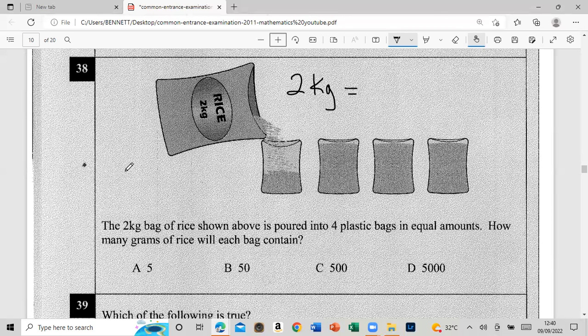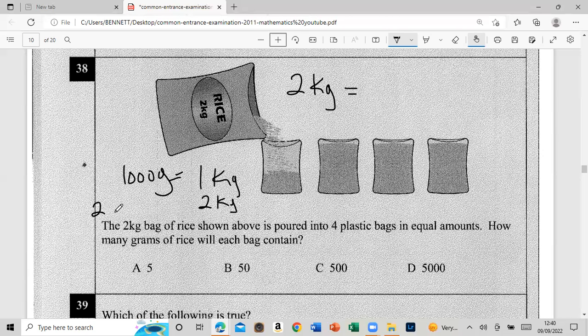But let's reason it out. We know that kilo means 1,000. So it's 1,000 grams that makes 1 kilogram. So that means how many grams would be in 2 kilograms? You guessed it. So the 2 times 1,000. So that's 2,000.